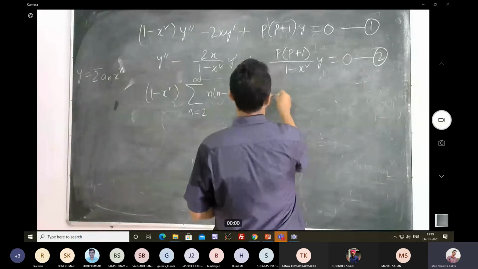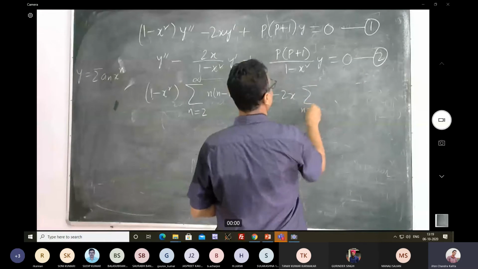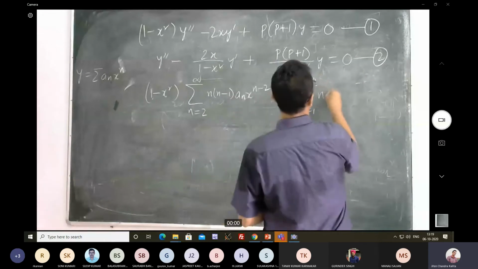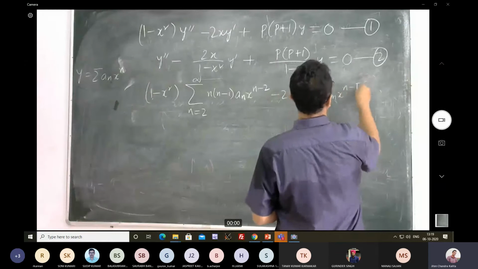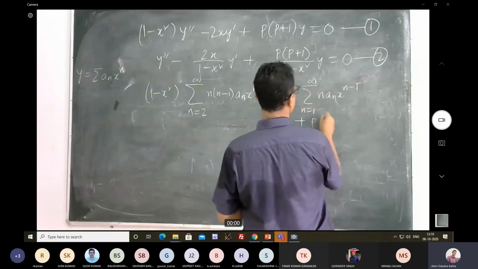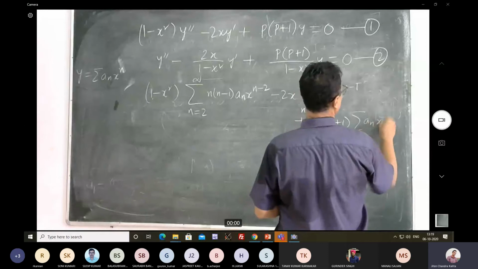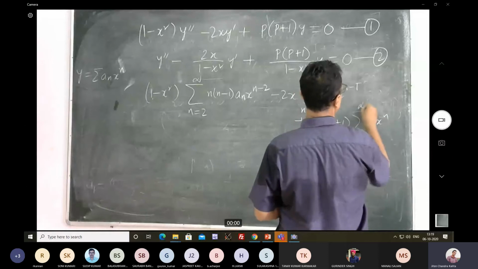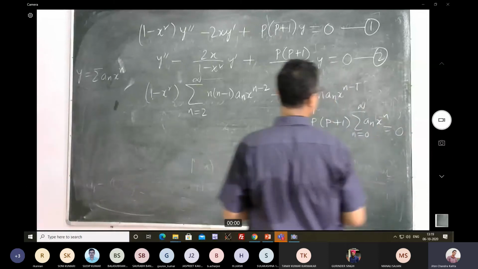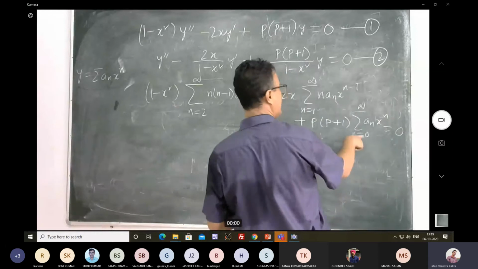Then minus 2x times a_n x to the power n minus 1, plus p into p plus 1, and again n equal to 0. And again, please don't forget to write where n goes from and to.